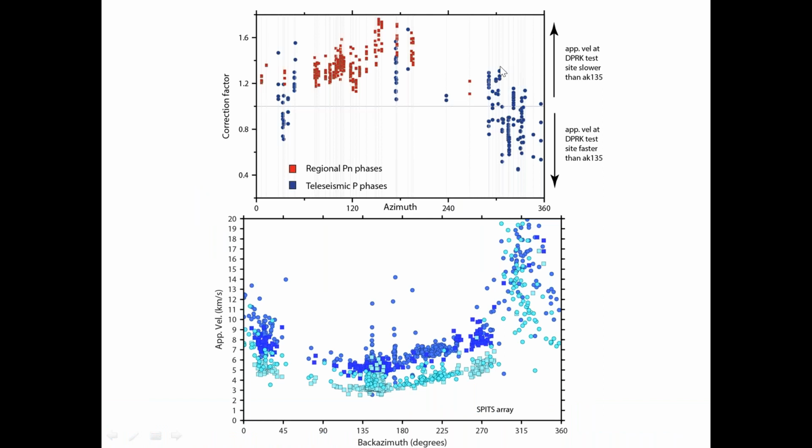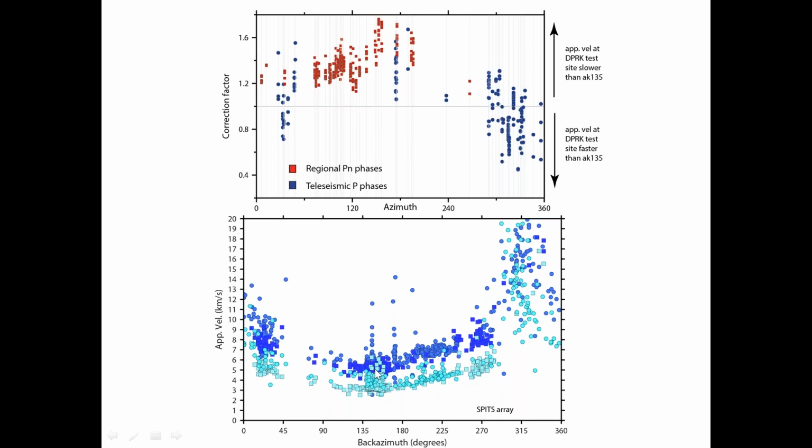But in what sense does this make sense? Is it sensible to think that this is actually happening at the test site? And I would argue from the perspective of an array seismologist, well, yes, it is. We see this very, very often. And this is for the Spitz array that we were looking at in the first example.